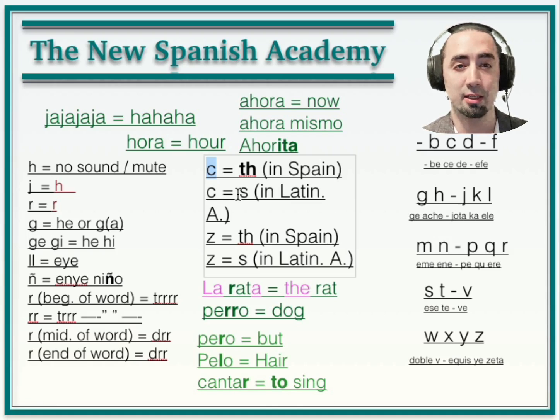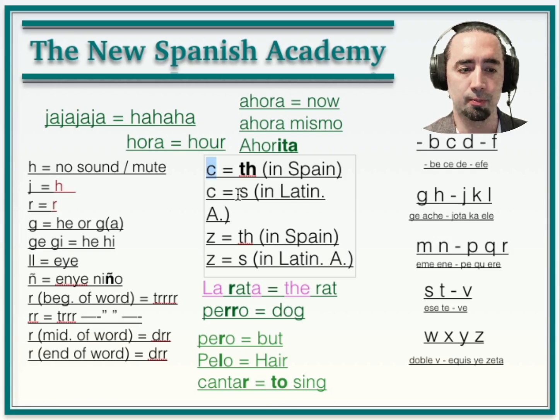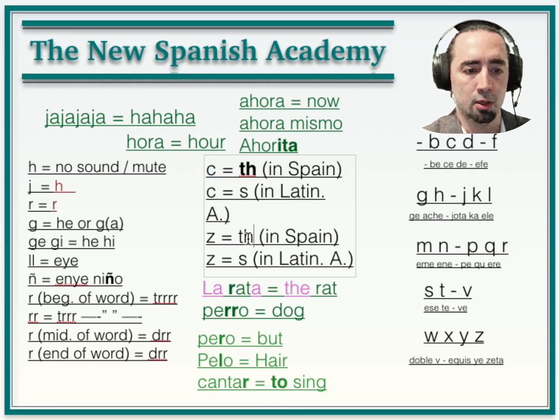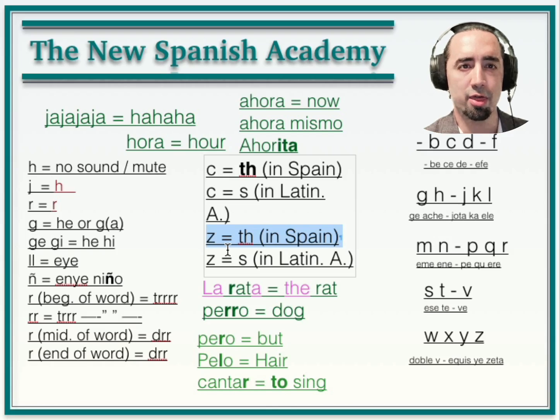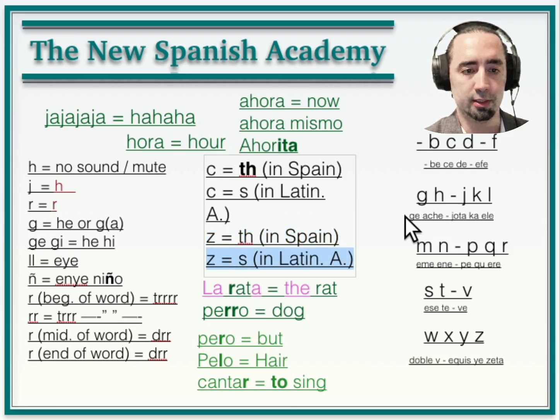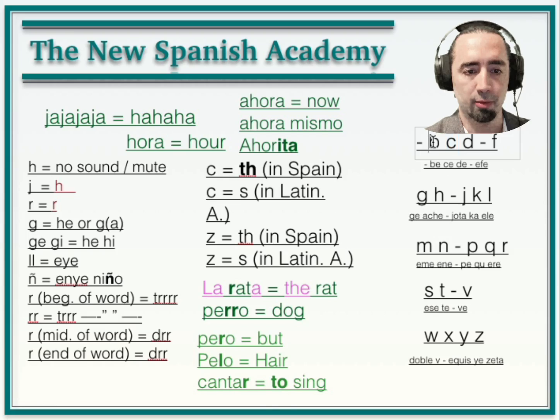But in Latin America, the C is just like an S. And also the Z: in Spain, Zorro is pronounced with a TH, and in South America it's like an S. Alright? Perfect.